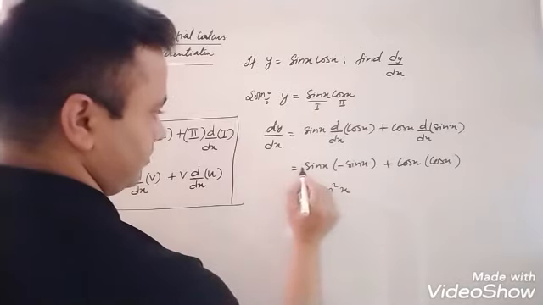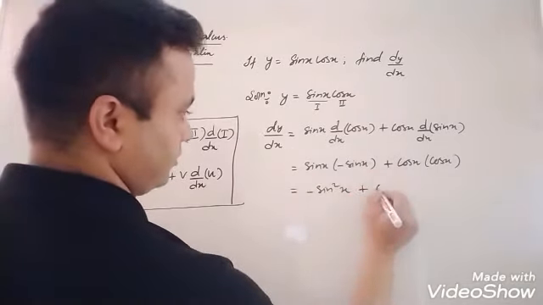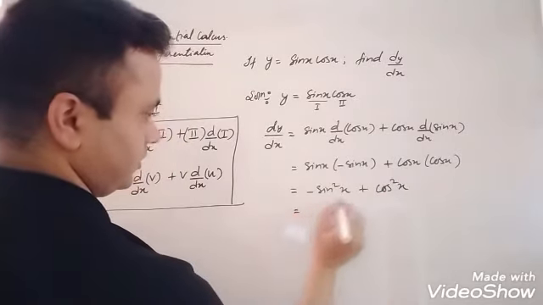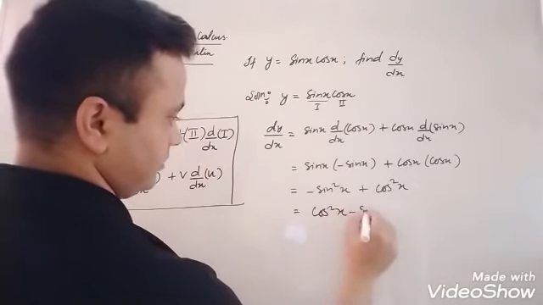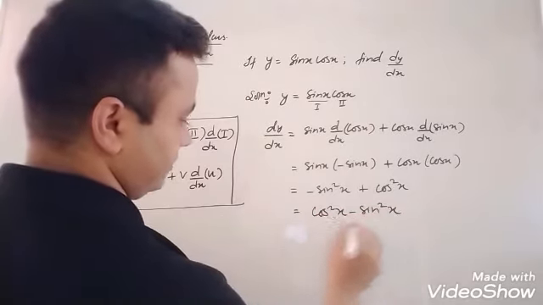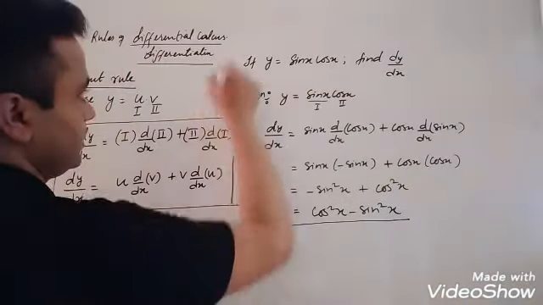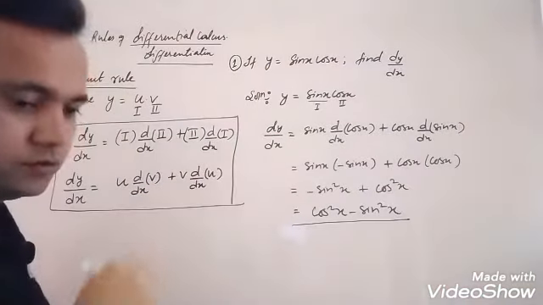Cos x into cos x is cos square x. So we can write cos square x minus sin square x. Now this is the answer. This is example number 1 of product rule.